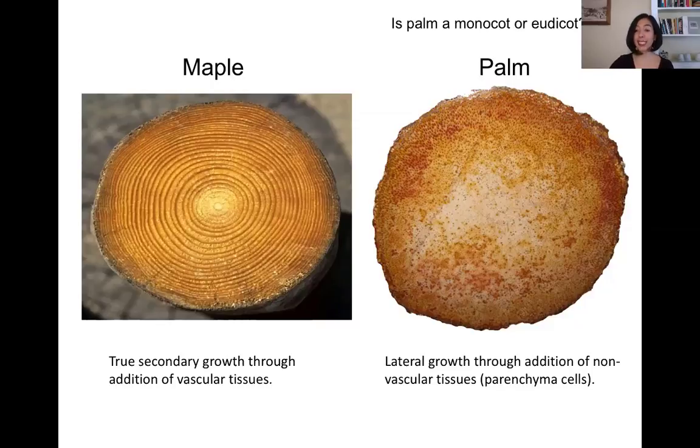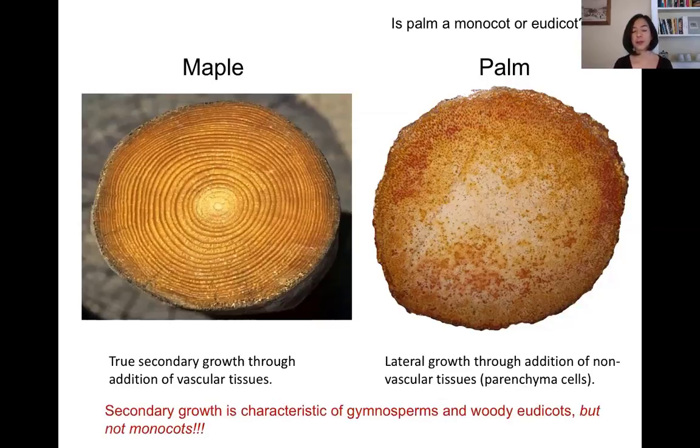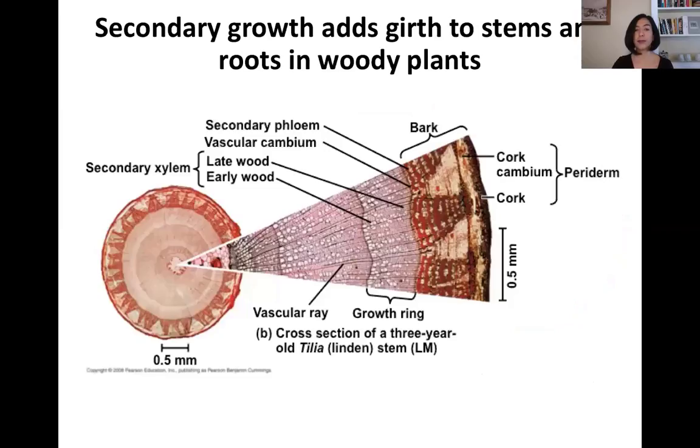They don't have rings or vascular bundles arranged in rings. What palms have are parenchymatic cells. All of these are parenchymatic cells, and the vascular bundles are contained around these parenchymatic cells. Secondary growth is characteristic of gymnosperms and woody eudicots, but not monocots.